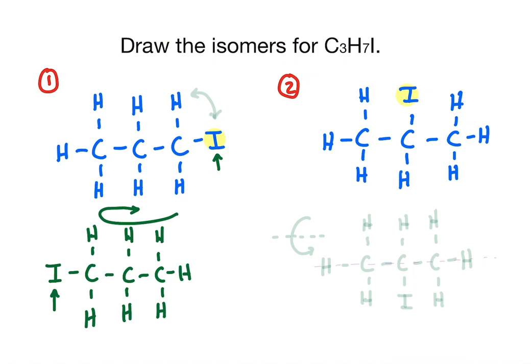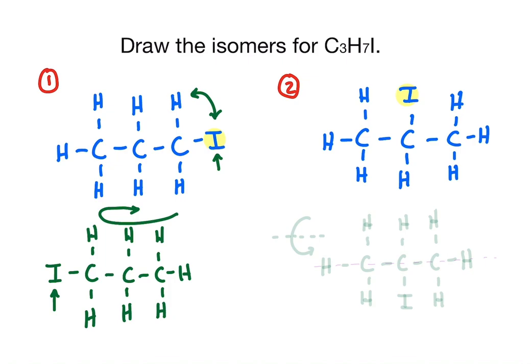And the same goes if we had the iodine on the hydrogen on top. If we flip these 2 molecules, it's still bonded to the same atom, and since it's a single bond, it can rotate. So that's the same connection of atoms, so it's identical, it's not an isomer.